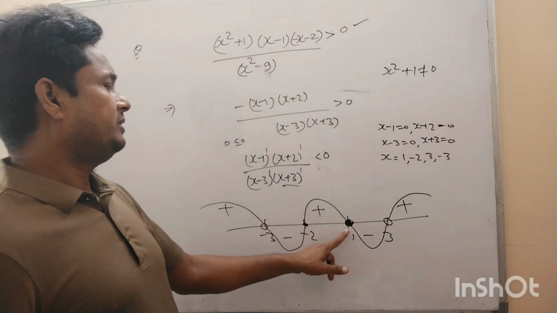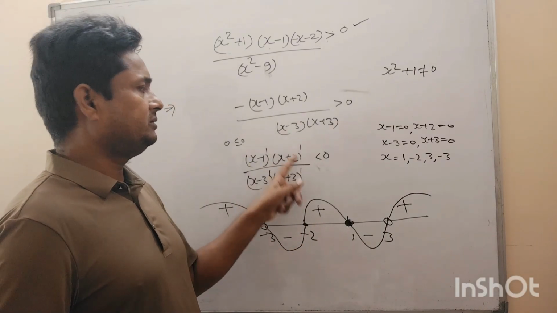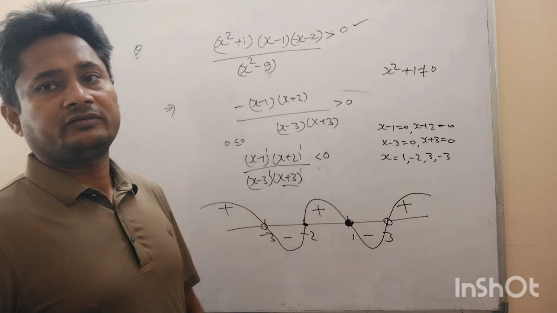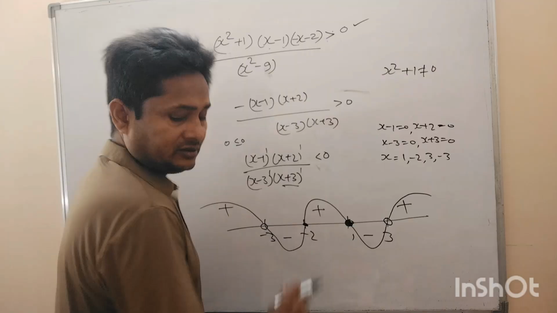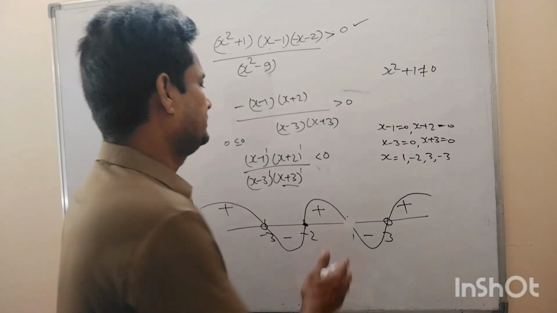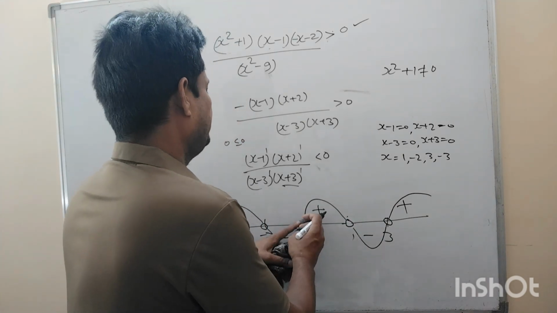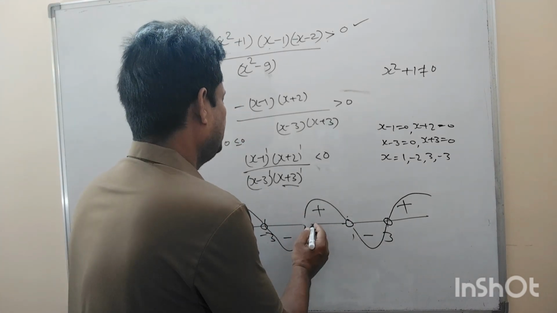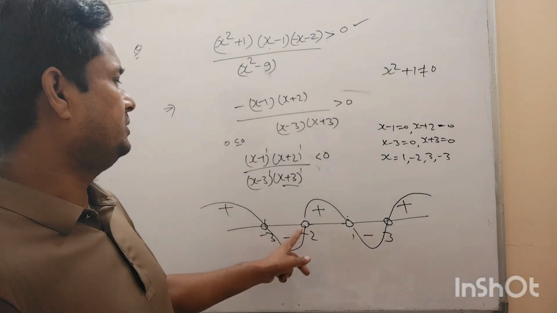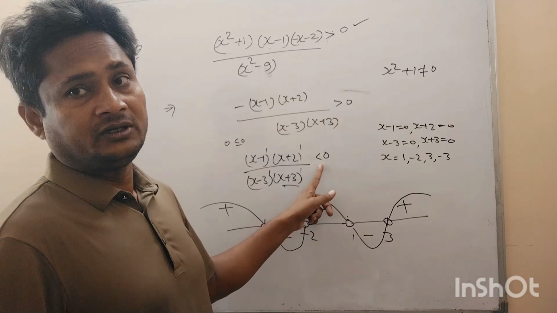And check 1 and minus 2. If you put x equal to 1 in this whole expression, it will become 0, and 0 less than 0 will not satisfy. So this number is also excluded, and this one is excluded too. These two numbers will also be excluded because here it is given less than 0.